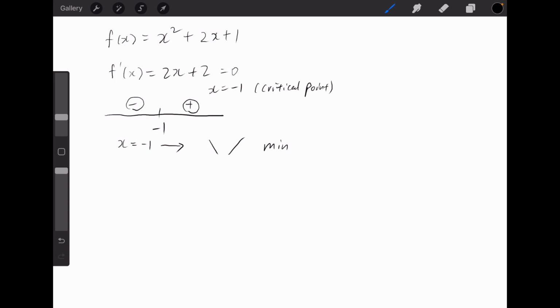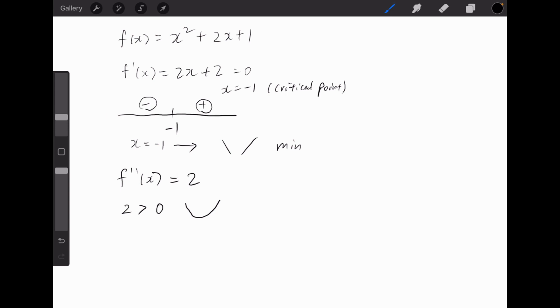And then I will do the second derivative test to get the point of inflection and the concavity of the function. So the second derivative would just be 2. Because 2 is greater than 0, the function is always concave up. Therefore, the graph would look something like this.